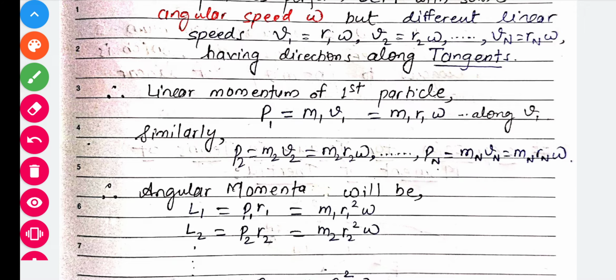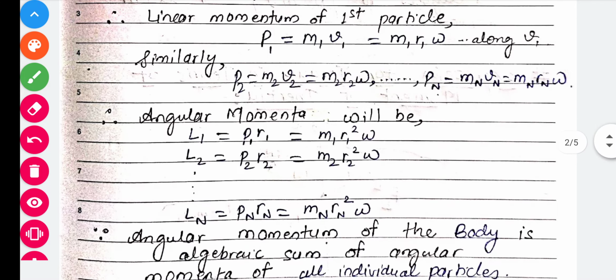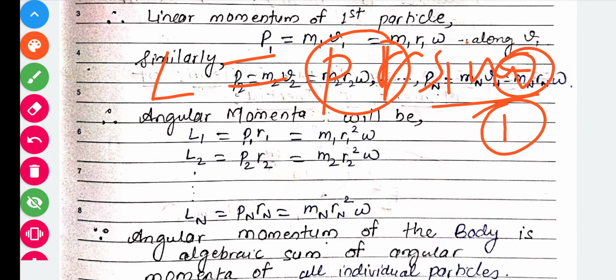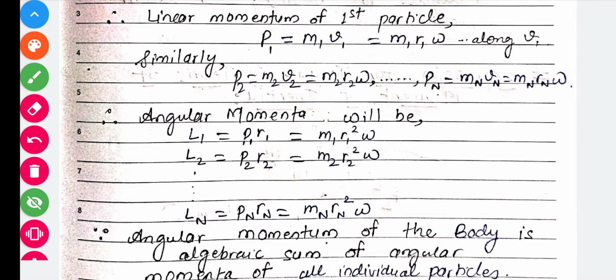Now we have to consider angular momentum. As we know, angular momentum is p r sin theta. Here r is the perpendicular distance, theta will be 90 degrees, so sin theta is 1, and it becomes only L equal to p r.